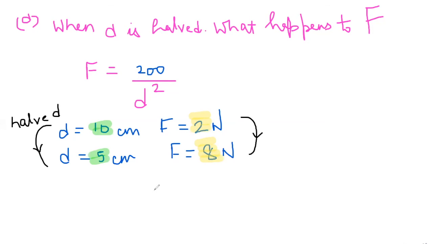If you notice, as d is halved, F becomes 4 times. d was 10, it's becoming 5. So what is happening to force? Force was 2, now it is becoming 8. So it is becoming 4 times. So as d is halved, F becomes 4 times.